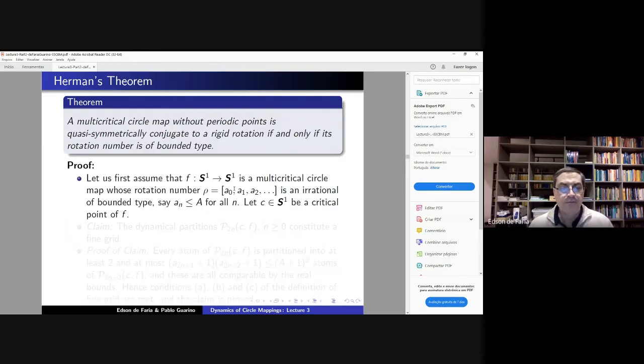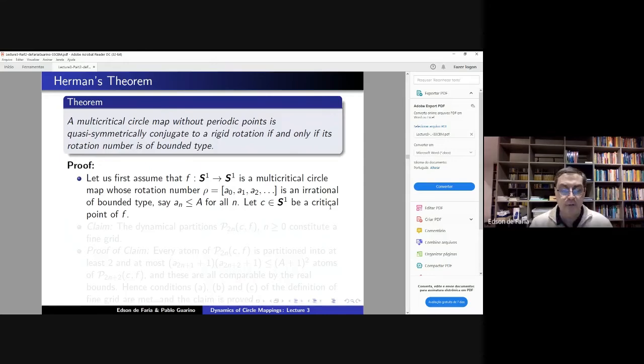Okay, so let's first assume that we have a multi-critical circle map with bounded type rotation number. No periodic points. It's an irrational rotation number of bounded type. So this means that when you expand it in continued fractions, if you look at the continued fraction development of the number, then the partial quotients, these a_n, a_0, a_1, a_2, and so on, they're all bounded.